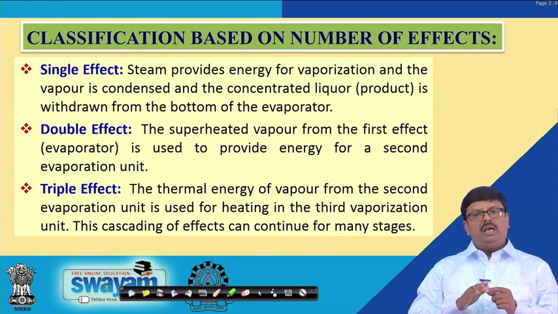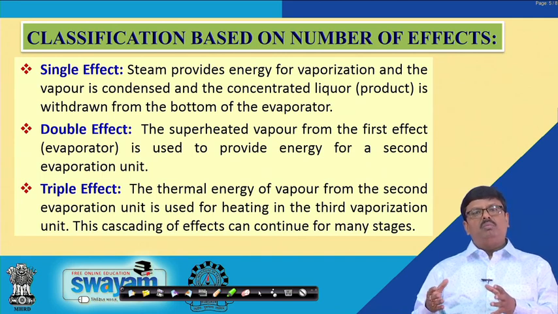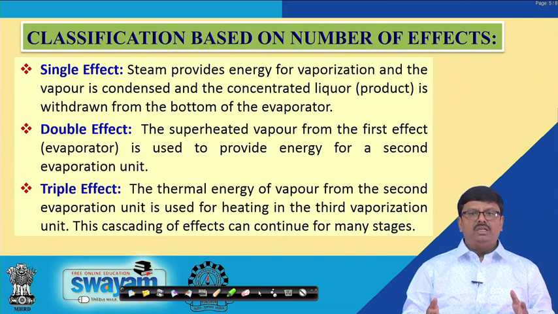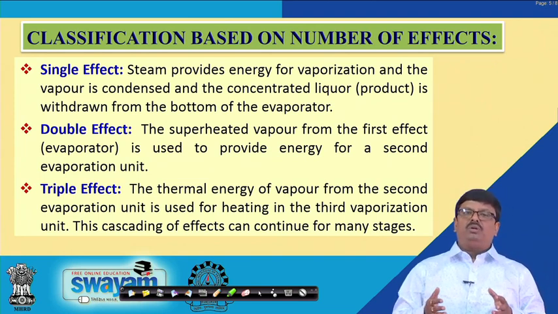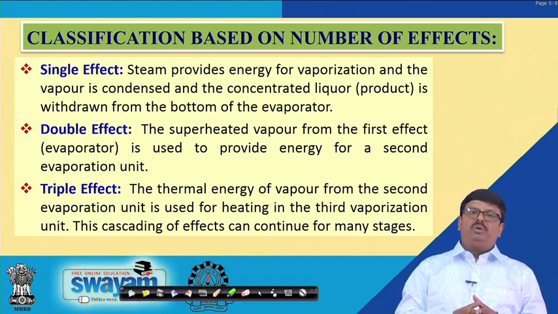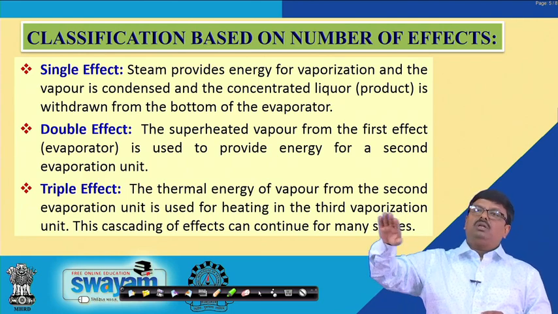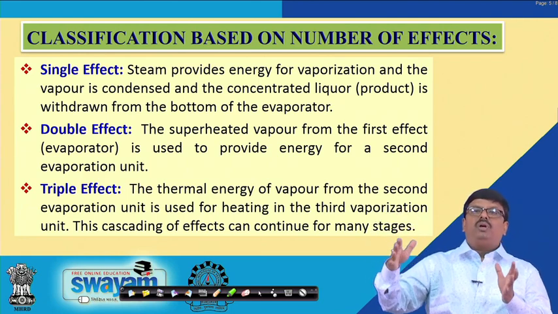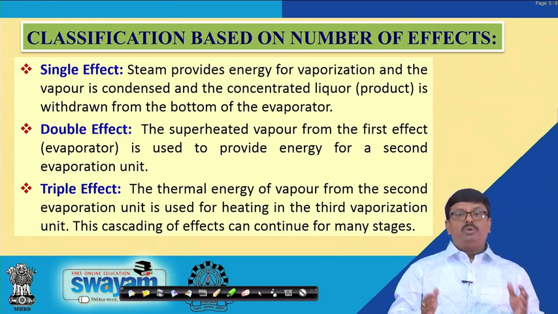As the number of effects increases, the product is more and the operation becomes much more cost economic. So, an engineer has to take care of the cost effectiveness of this evaporation operation, and the number of effects is generally recommended subject to this cost effectiveness and the amount of product we desire for a specific time or duration.